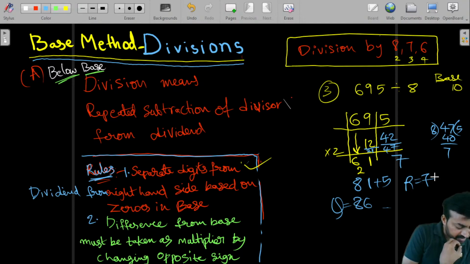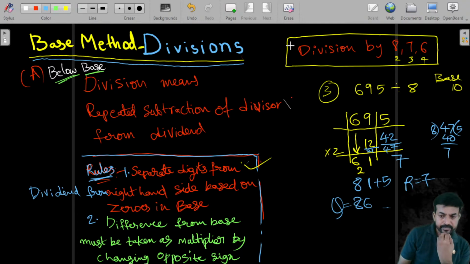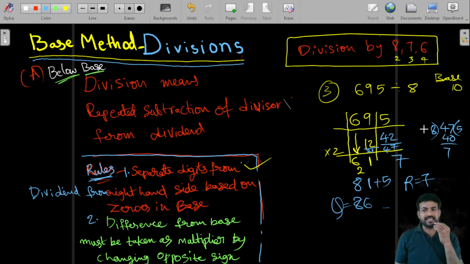You can check your answer using the digital route. This is the method using base below base for division by 8.